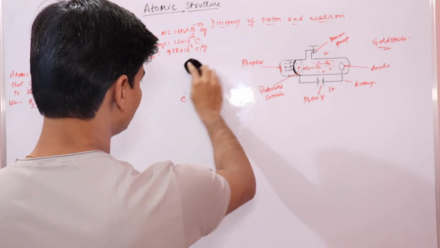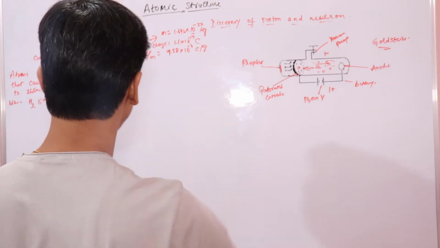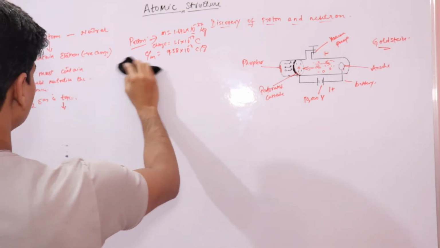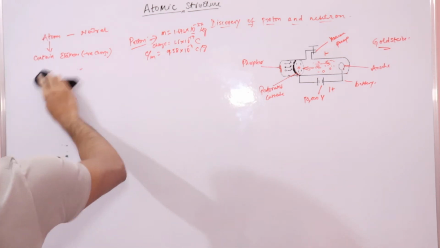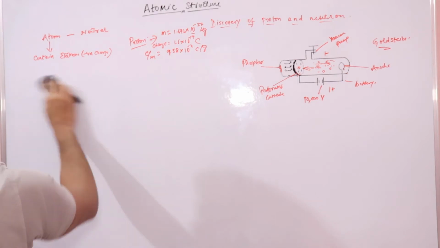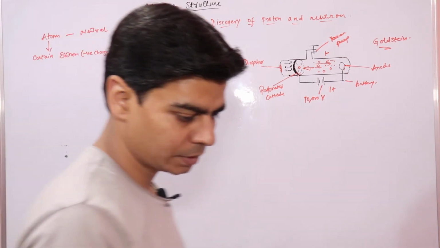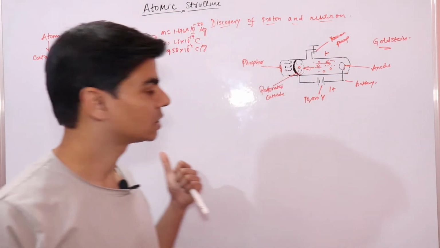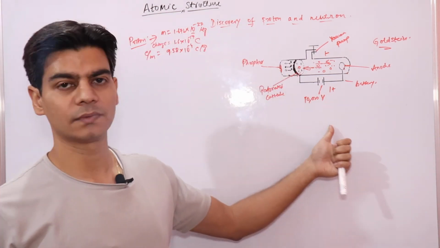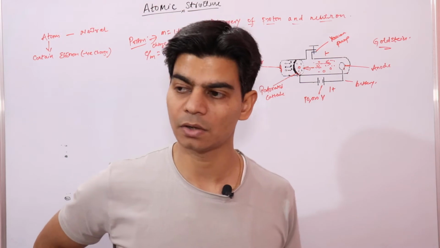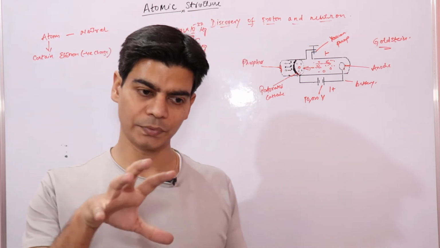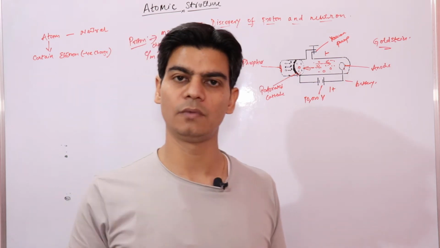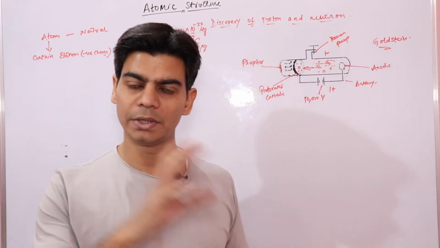One more thing: until this point, when we are studying the discovery of these subatomic particles, electrons, protons and neutrons, scientists were not aware of how these particles are arranged in an atom. When protons and electrons were discovered, scientists were not aware that protons and neutrons are inside the nucleus and electrons revolve around the nucleus in different shells.